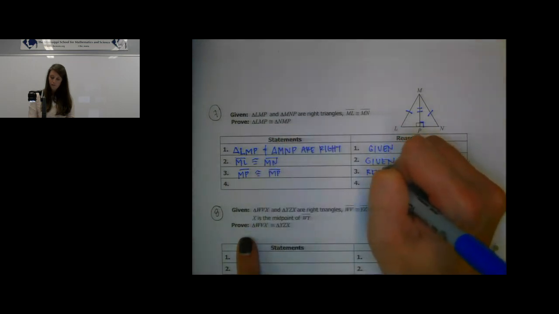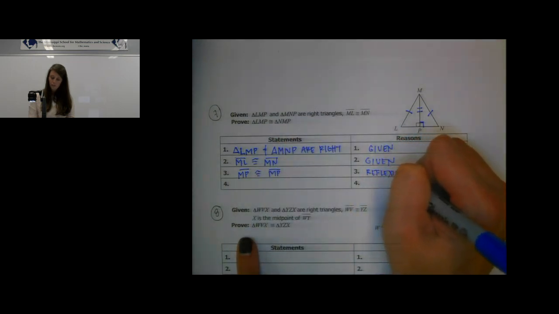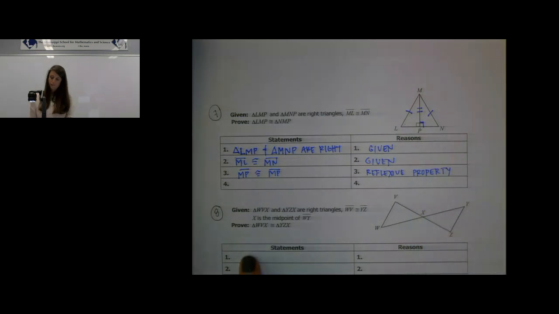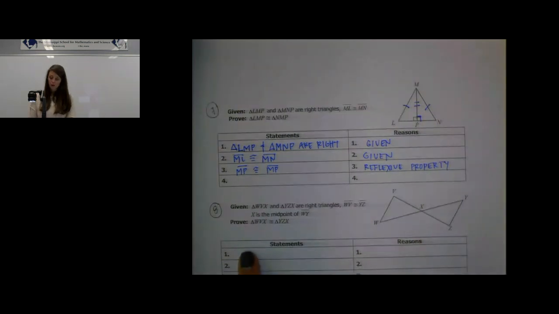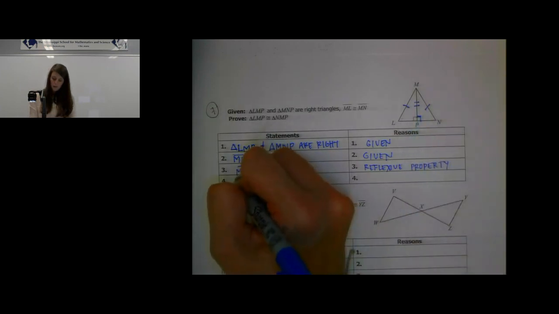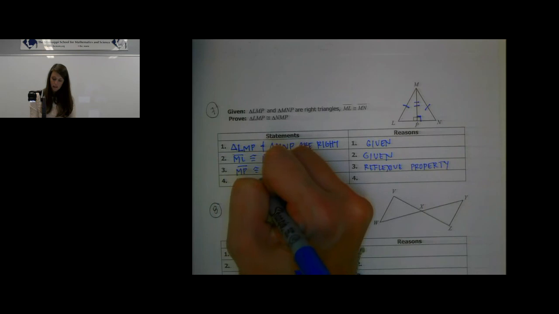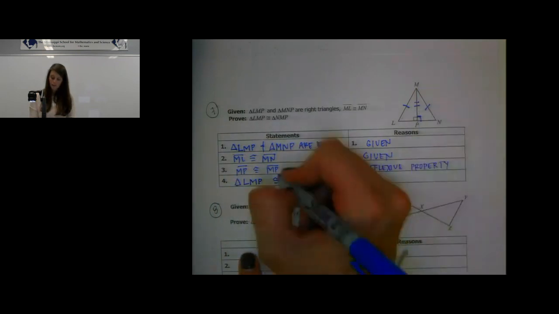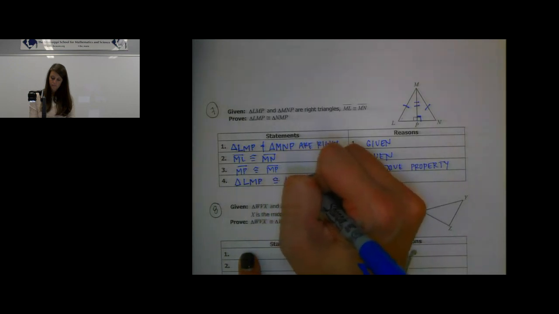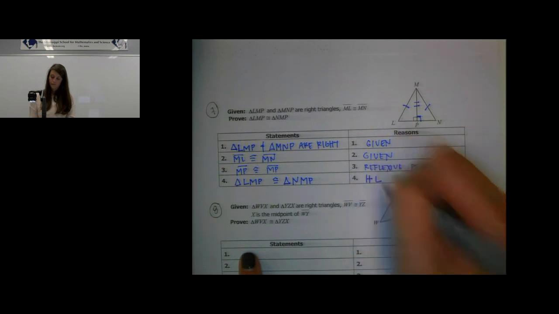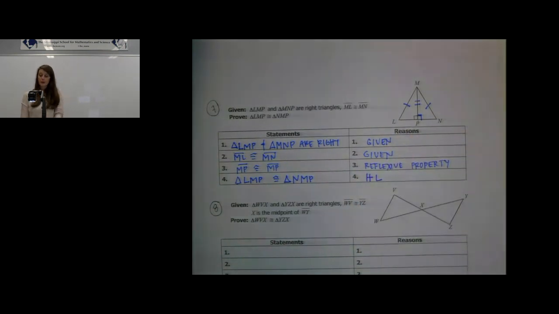Good. So I have my hypotenuse and a leg that are congruent. So triangle LMP is congruent to triangle NMP, and the reason is that it's a hypotenuse and a leg.